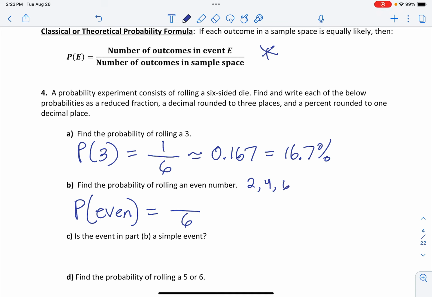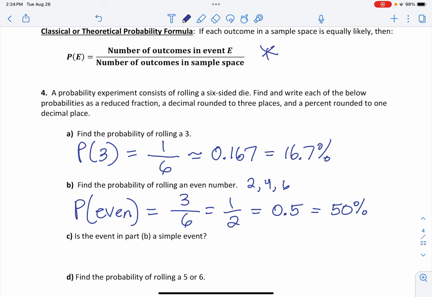So there are 3 of them. That would be 3 out of 6, which reduces to a half. As a decimal, 0.5. Move the decimal over, or multiply by 100, 50%. So half of the time you would expect to roll an even number. Makes sense because half of the numbers are even.